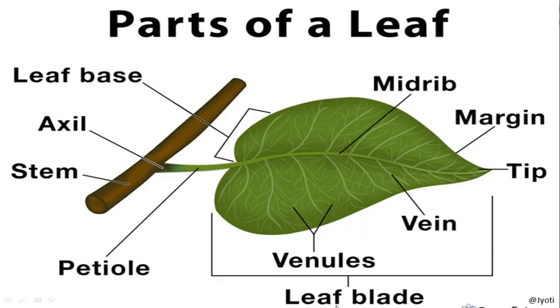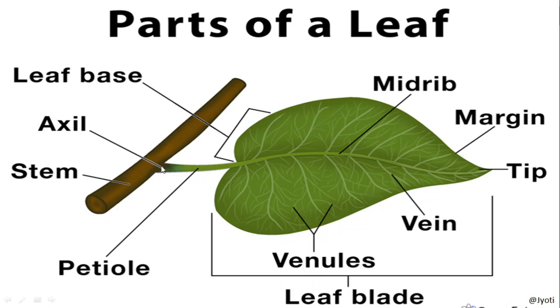So see in this picture, this is the structure of a typical angiospermic leaf. Here you can see, as I have said, it has three parts: leaf base, then petiole, then the leaf lamina. The leaf base is the part with which it is attached to the stem.